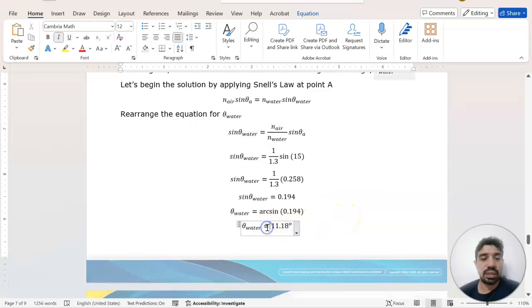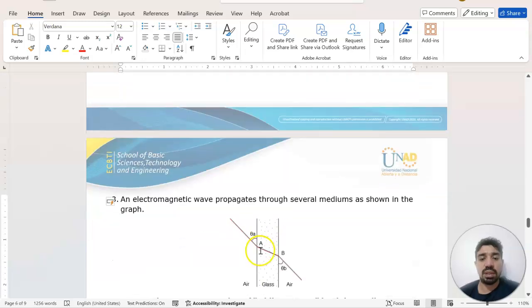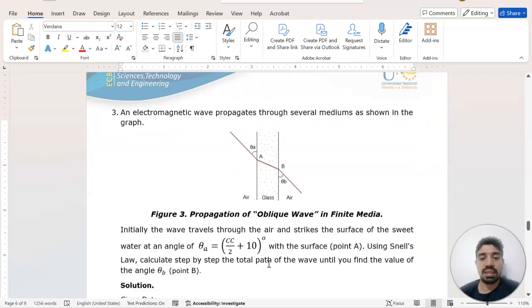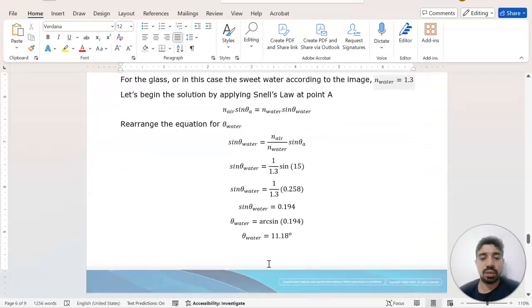At the end, we find that the angle in the water is 11.18 degrees. So after the 15 degrees here, the angle in the water will be 11.18 degrees. That's the angle of the wave.